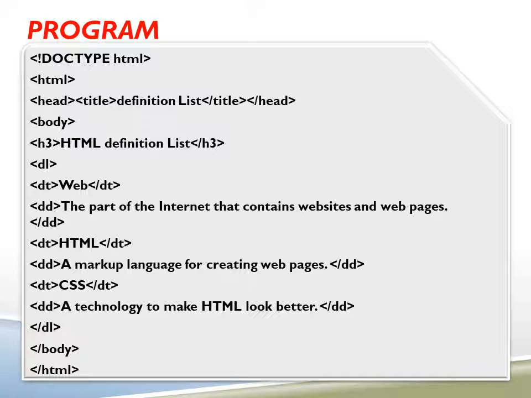Program for definition list is given as below. Doctype HTML, HTML, head, title, "definition list", title close, head close, body tag. Inside this, heading is given, h3 HTML definition list, h3 close, DL tag, DT web, DT close. The term is written with the DT tag.